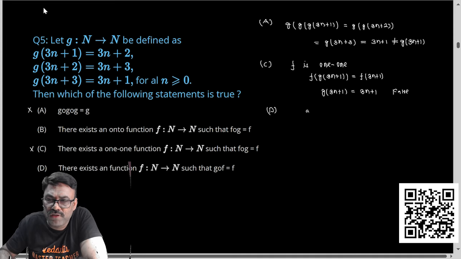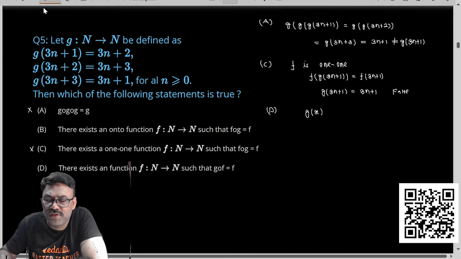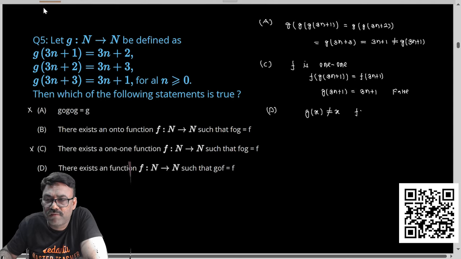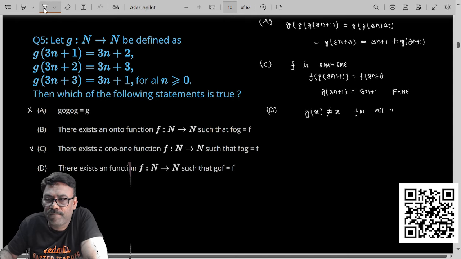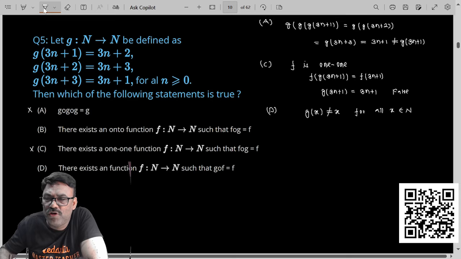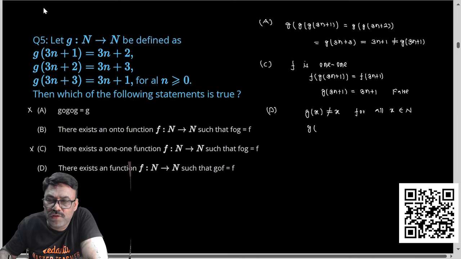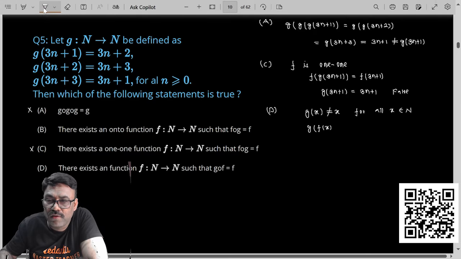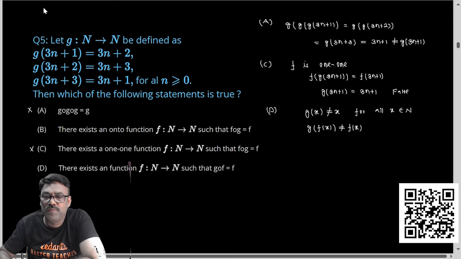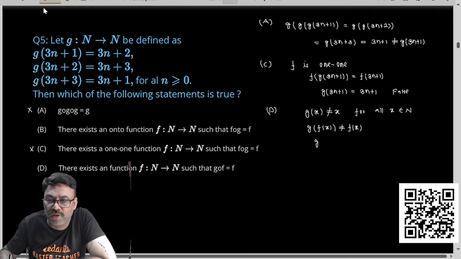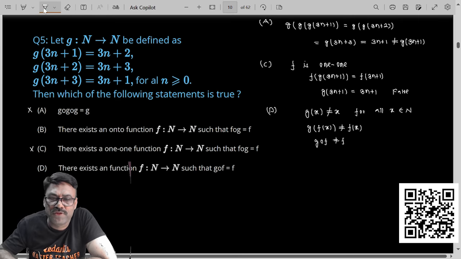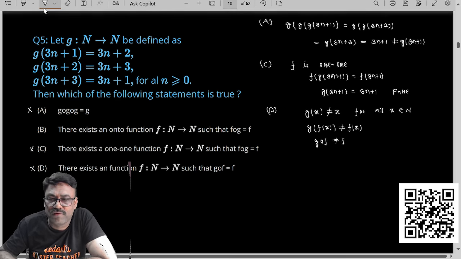So g of x is always not equal to x for all x. And since g of x is not equal to x, g of f(x) is always not equal to f(x). But they are saying that g of f is f. So this option is also false.